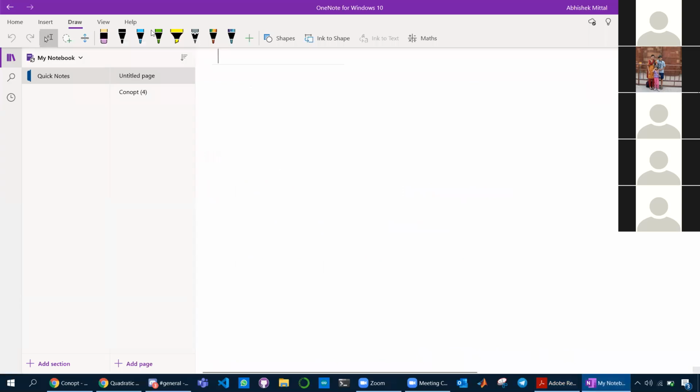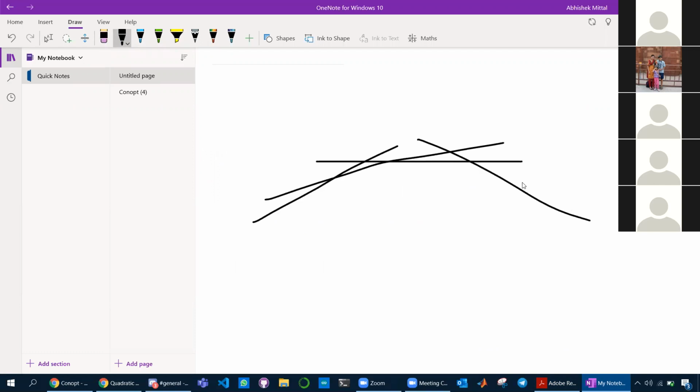Now imagine I take a lot of lines, and this is the family of affine functions that I was talking about. And if I take the pointwise infimum of all of these lines, then what I basically get is this concave function.